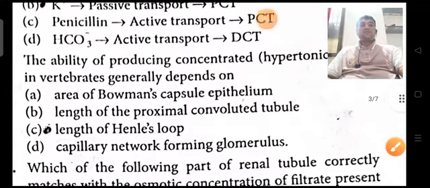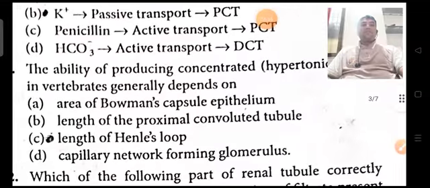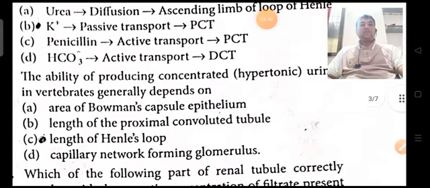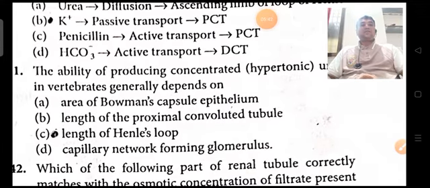Next, the ability of producing concentrated hypertonic urine in vertebrates generally depends on the ability of producing concentrated... Bowman's capsule? It is only filtration. Length of the proximal convoluted tubule?